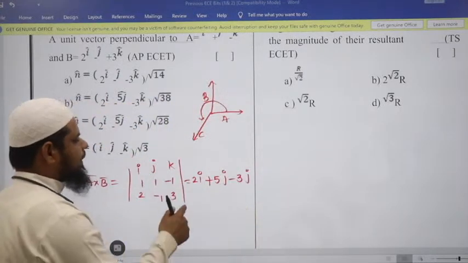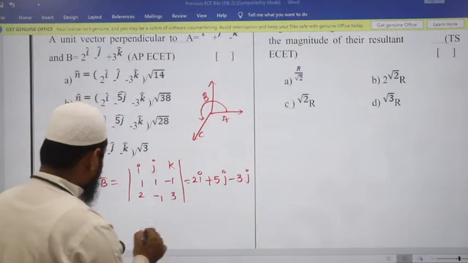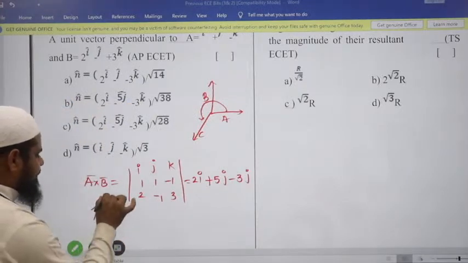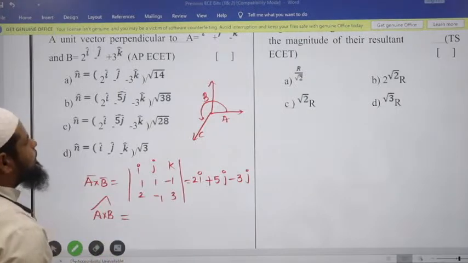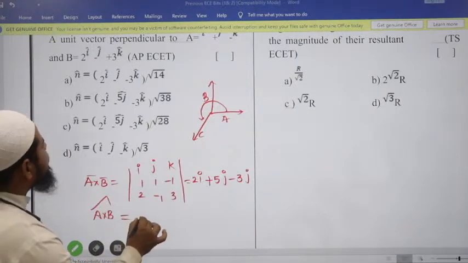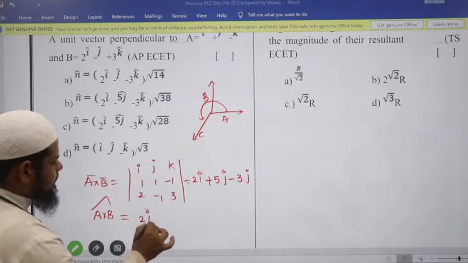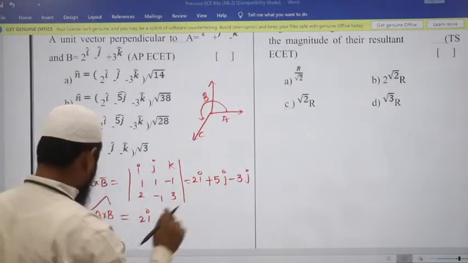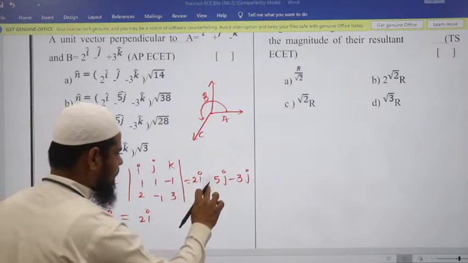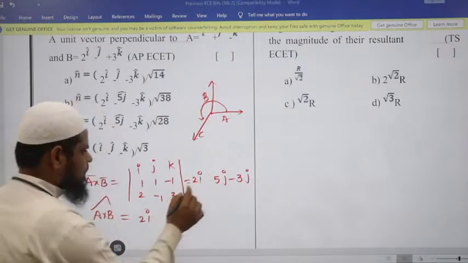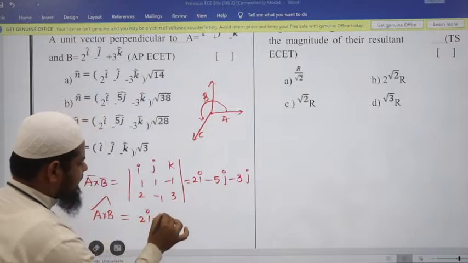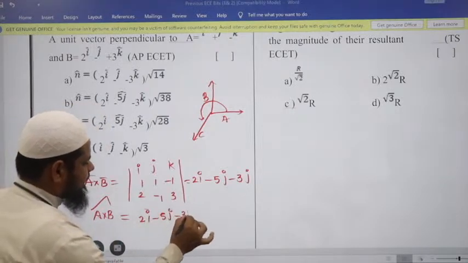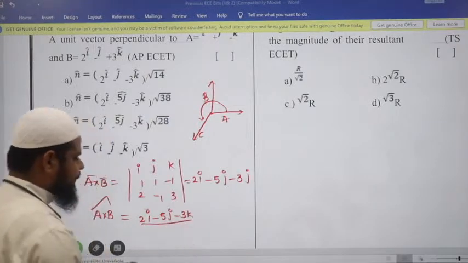Now I need the unit vector. So A cross B divided by its magnitude we need. For that purpose, we will go with 2I, minus 5j minus 3k by its magnitude.